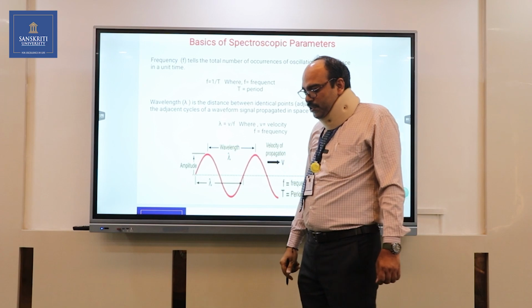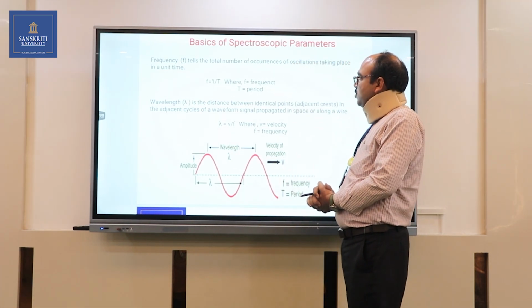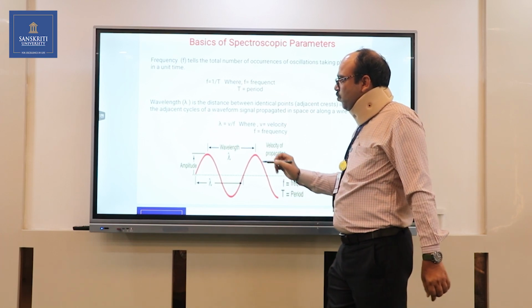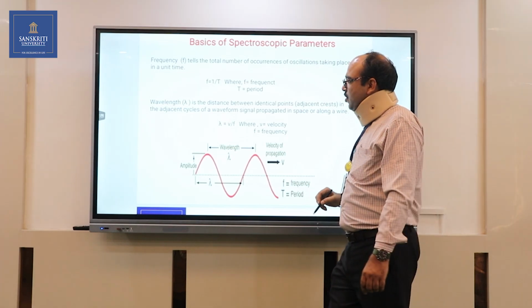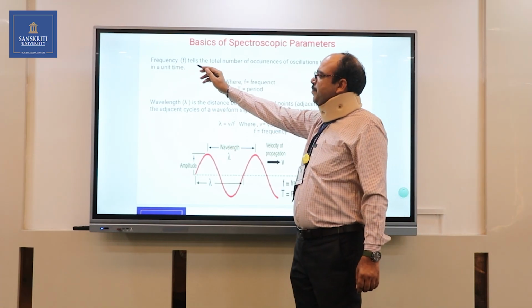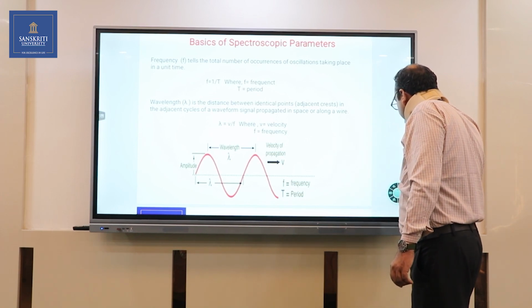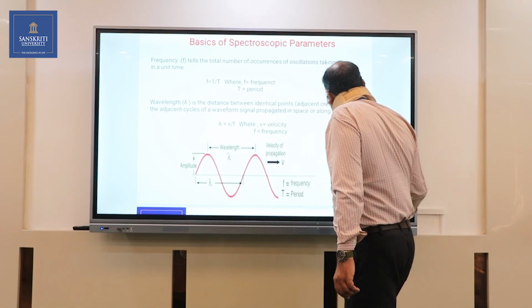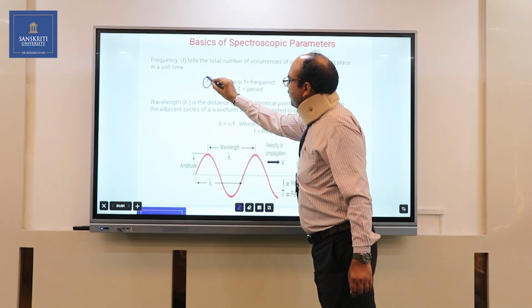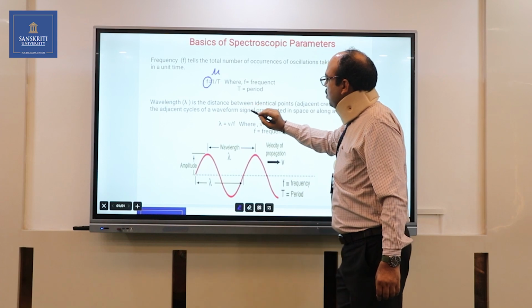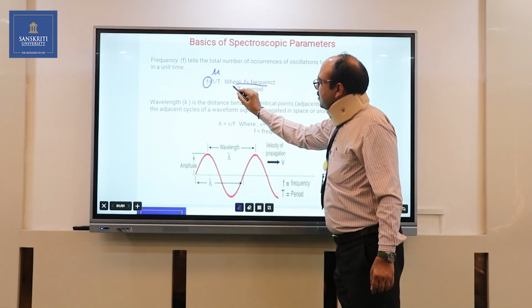Now two important terms come up when we talk about the spectrum: one is the frequency of the radiation, and the other is the wavelength. Frequency is represented by f or mu. It depends on the time period.